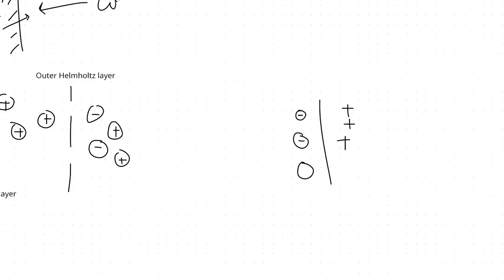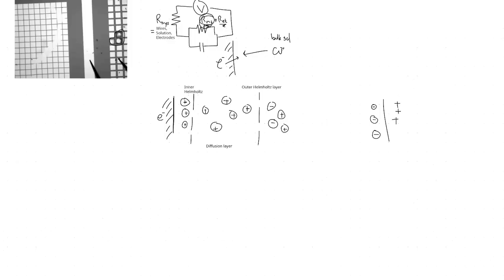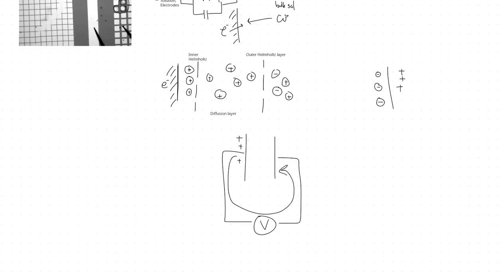Now, if you know anything about how a capacitor works, basically a capacitor is two metal plates that are separated apart. When you have a voltage, this side of the plate becomes very positively charged if, for example, the current is going this direction, and this side becomes negatively charged.